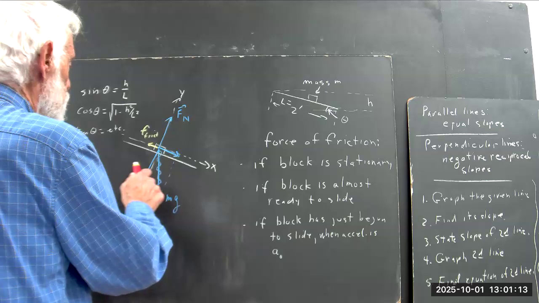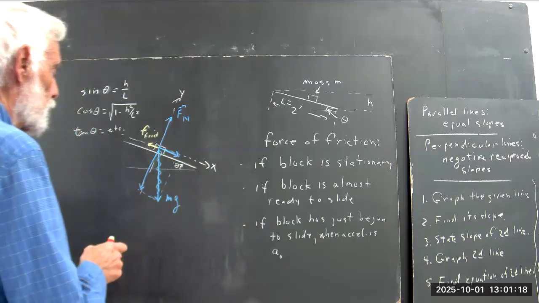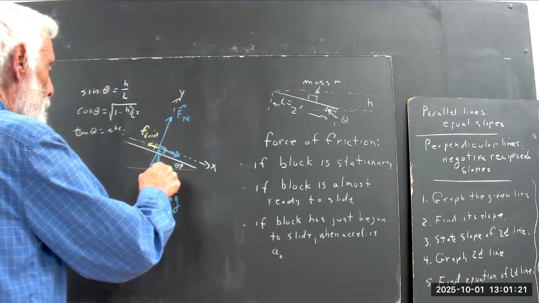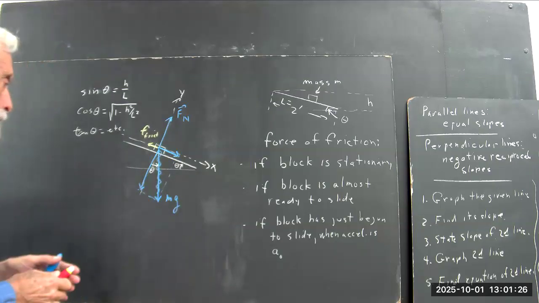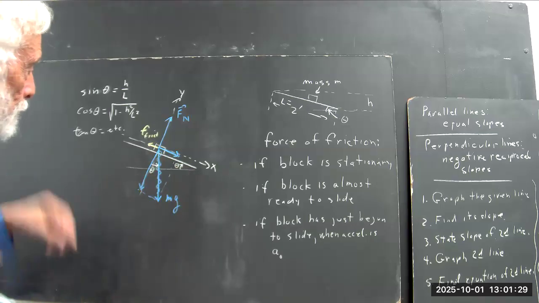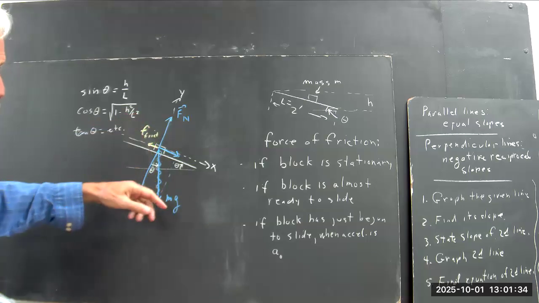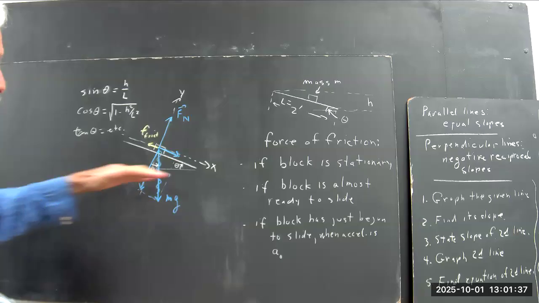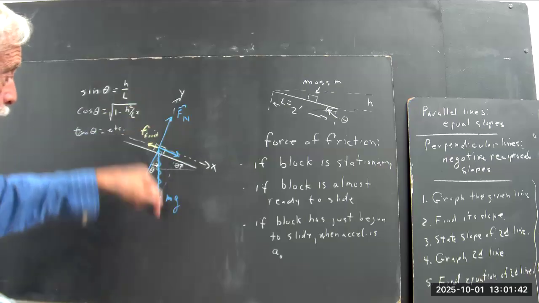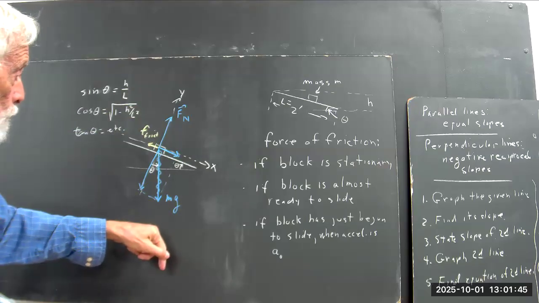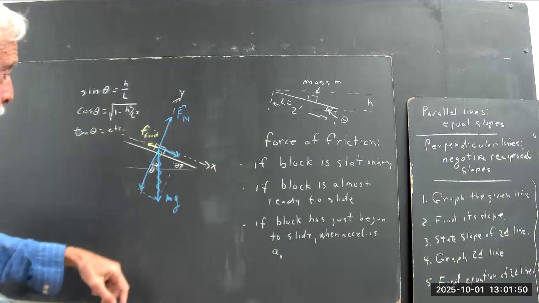I don't see angles being labeled. There's theta, and here's theta. How do I know this is theta? Well, intuitively, if this thing starts flat, then your y-axis is straight up and your x-axis is straight across, your mg is right along the y-axis, and your normal force is straight up.